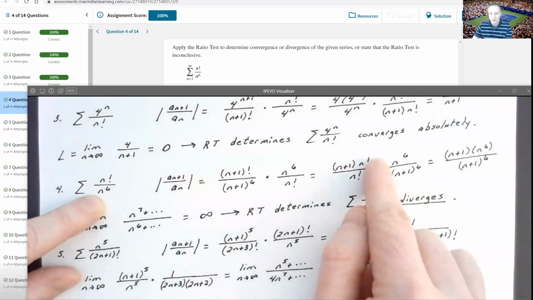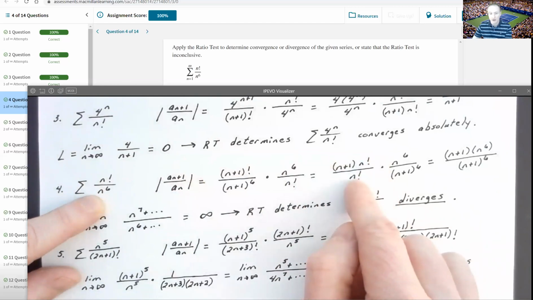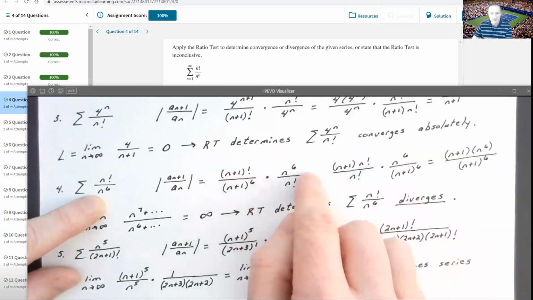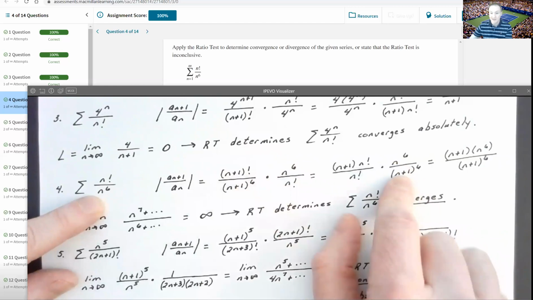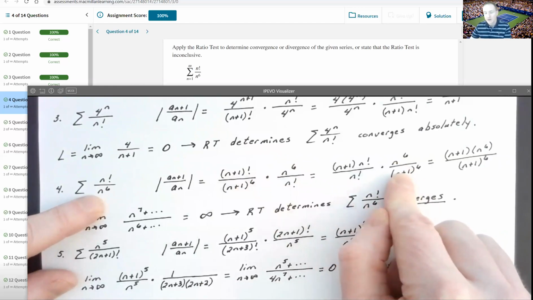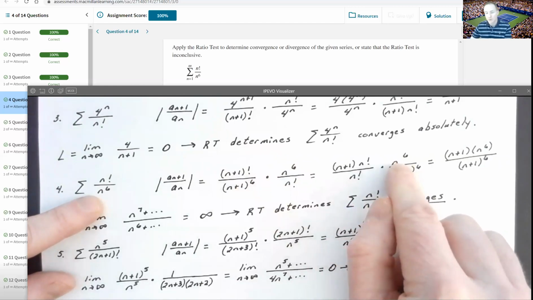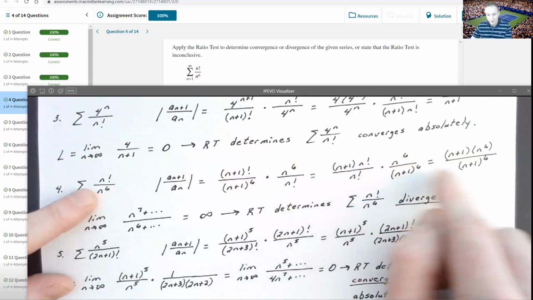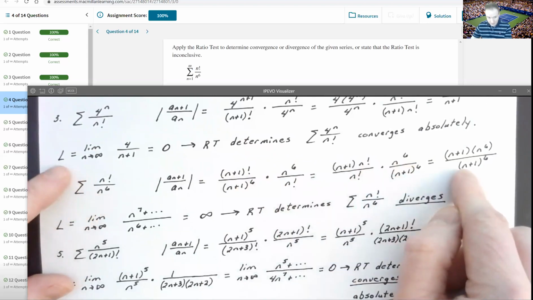That n factorial will cancel with the n factorial in the denominator. My n to the 6th, I'll go ahead and group that with my n plus 1 to the 6th in the second fraction. Now, notice what this is going to give us. We're going to have an n to the 6th times the group n plus 1 in the numerator. And I'll just have the n plus 1 to the 6th in the denominator.